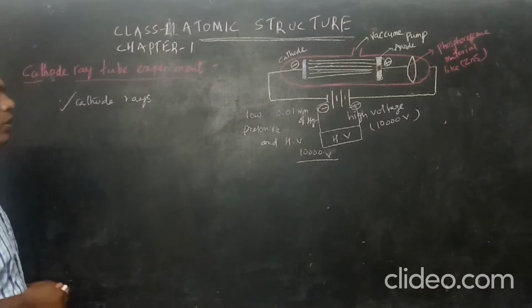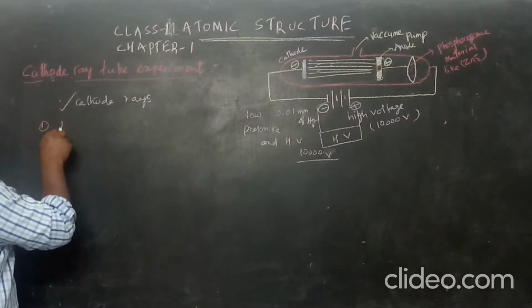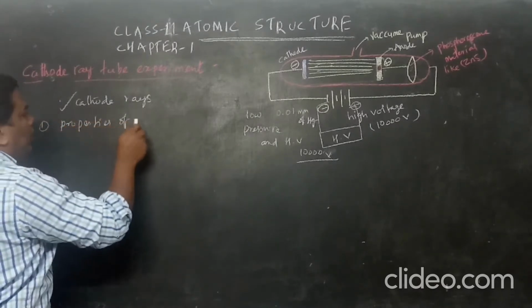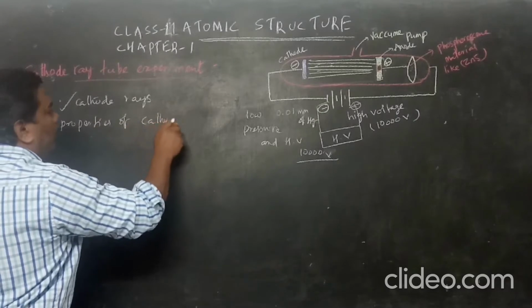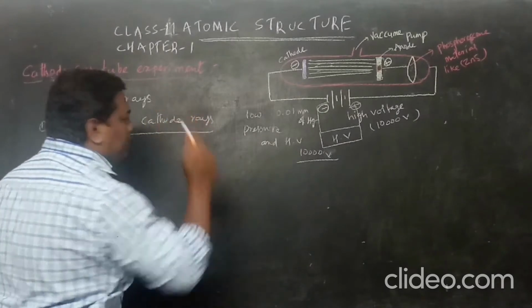Then we will move to the properties of cathode rays. Okay, clear, students? We will discuss the properties of cathode rays.